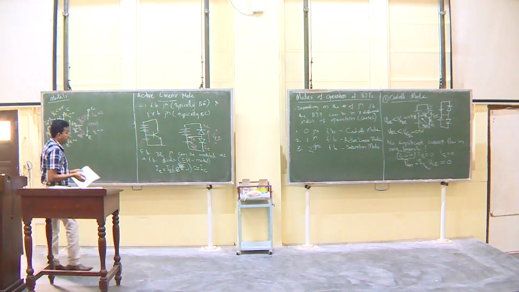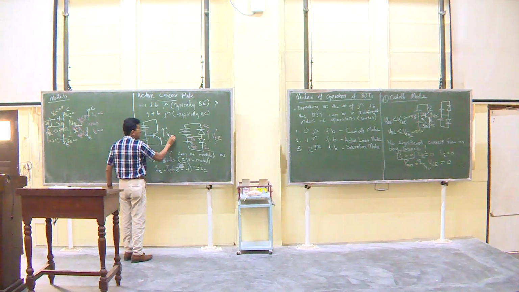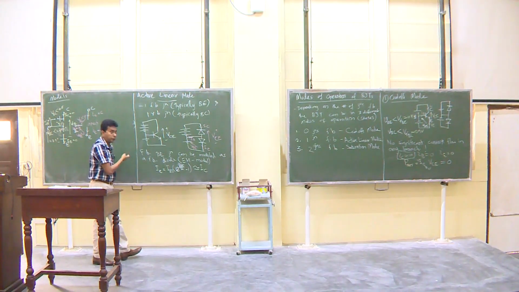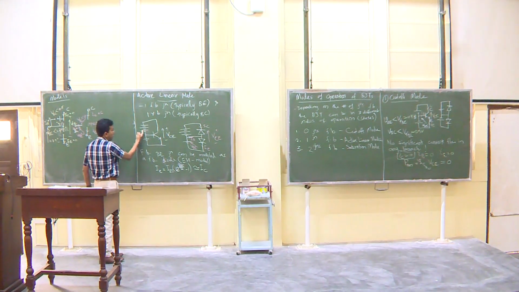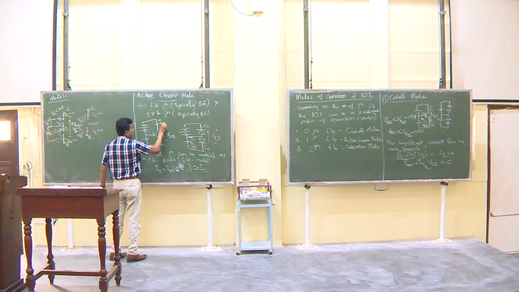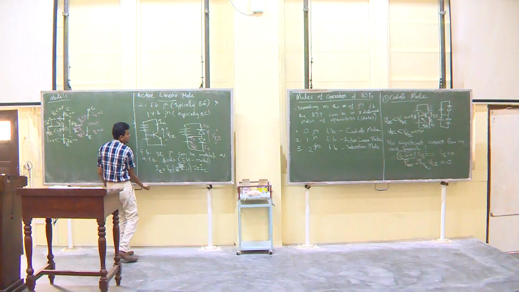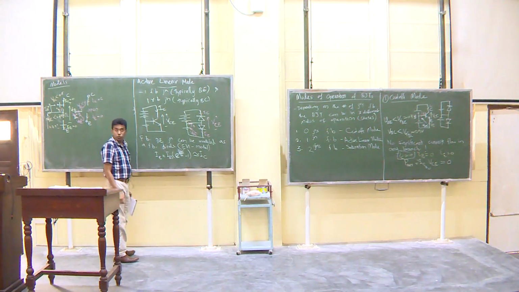Now, note that the collector to emitter voltage is high, right, because you can see this whole voltage is across collector to emitter, this plus that, and there is a large current IC which is modeled here. This current is also high.